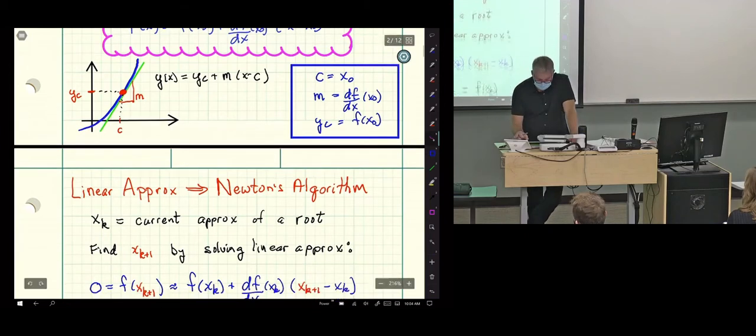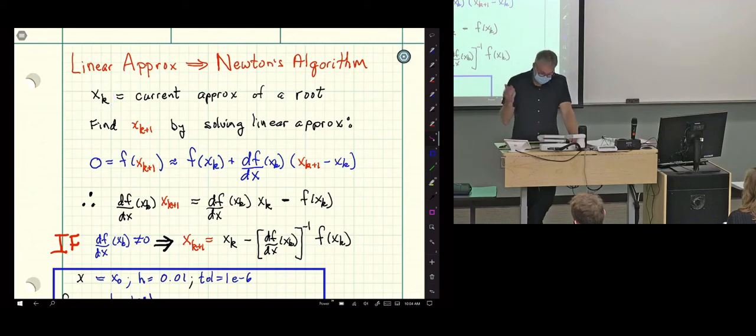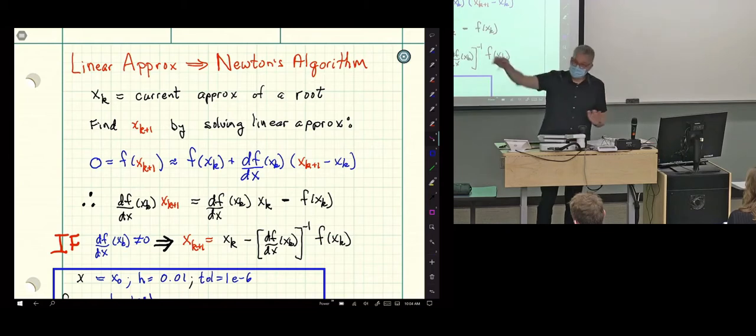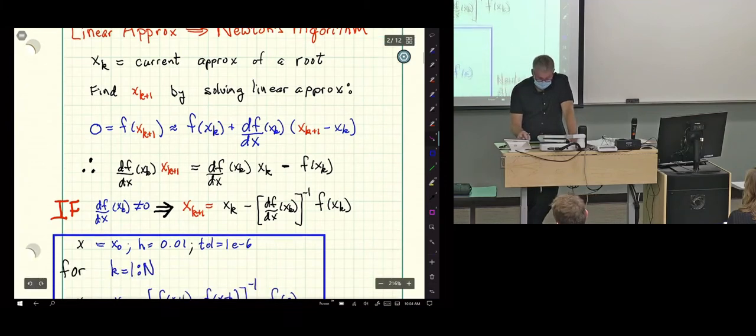So you take your current estimate of what you think might be a root. Initially, you're going like this, or you're doing a plot. You replace the complicated nonlinear function with a constant and a slope. And then you plug in for x your new value, and you solve such that f of x is equal to 0.